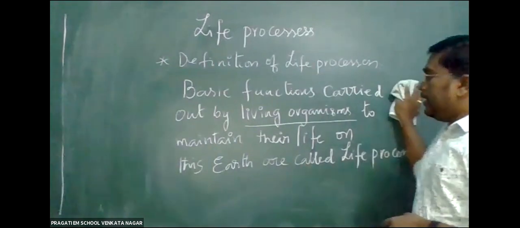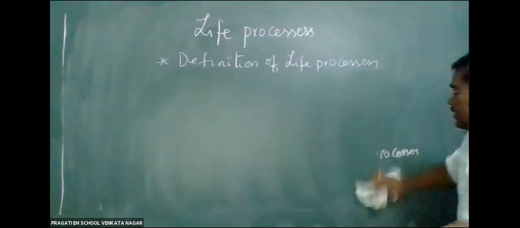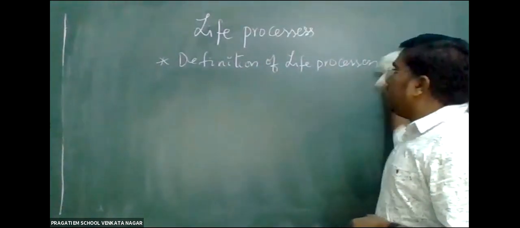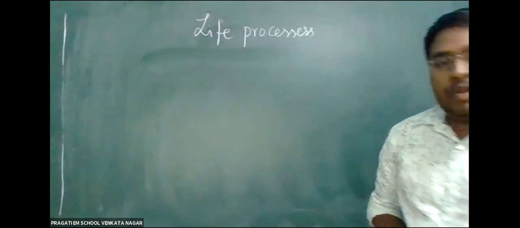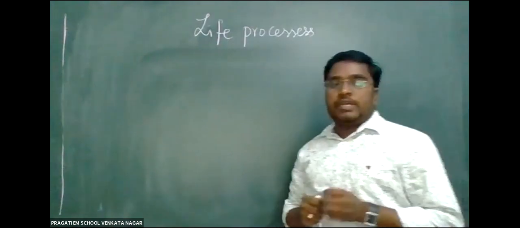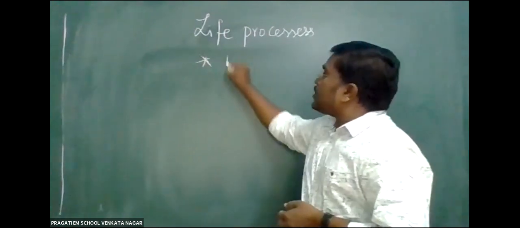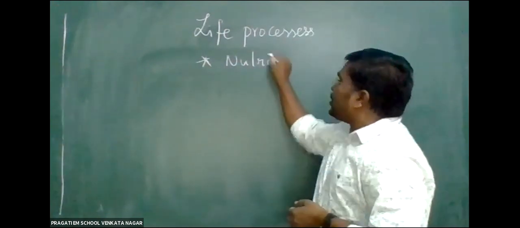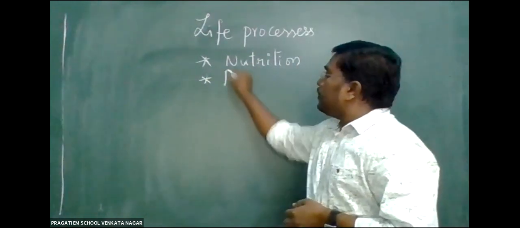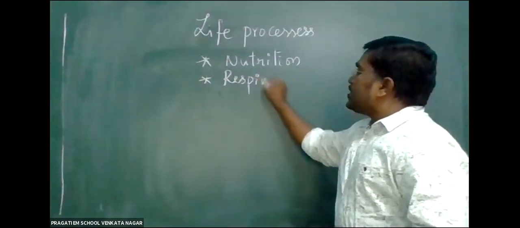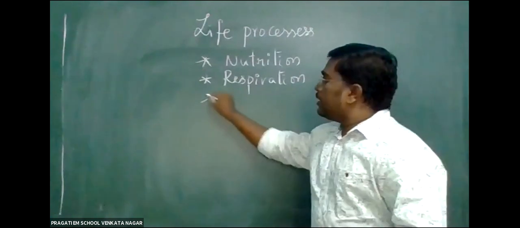Okay, children. Next, what are the basic life processes which are carried out in living organisms? Let us see the main basic life processes. First one, nutrition. Second one, respiration. We already discussed that.